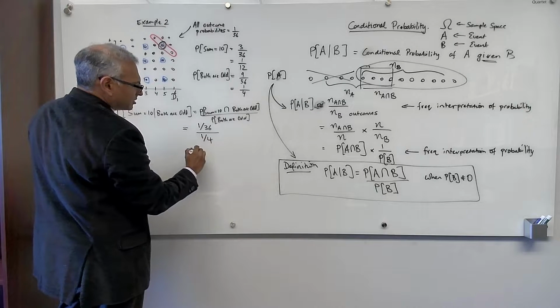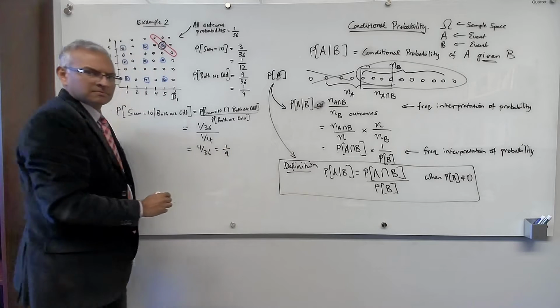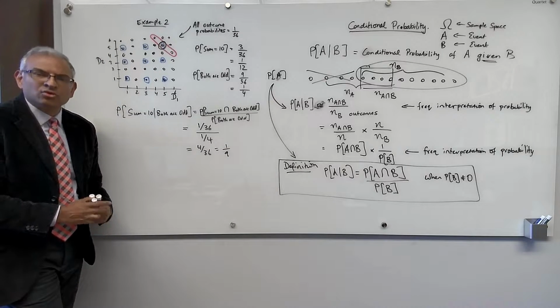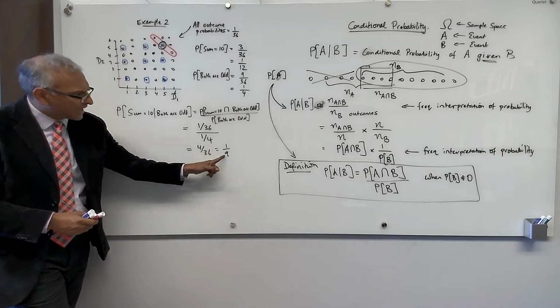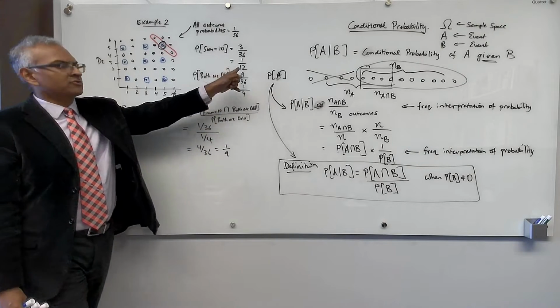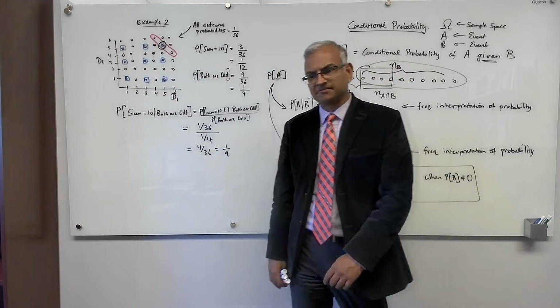So this is 4 over 36, which is 1 over 9. There. So the chances that you have rolled a 10, if you know that both your rolls are odd, is 1/9, which is slightly higher than the chances of rolling a 10.